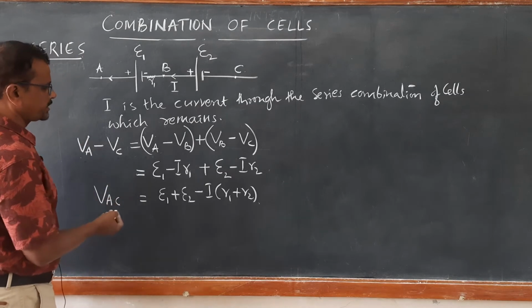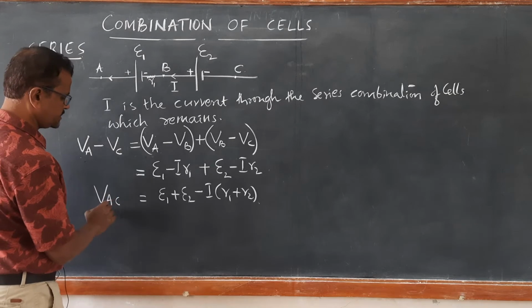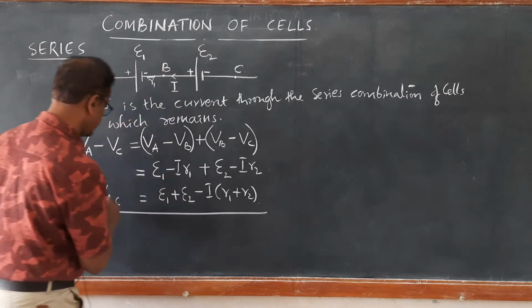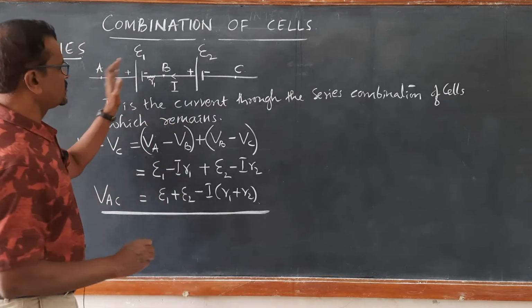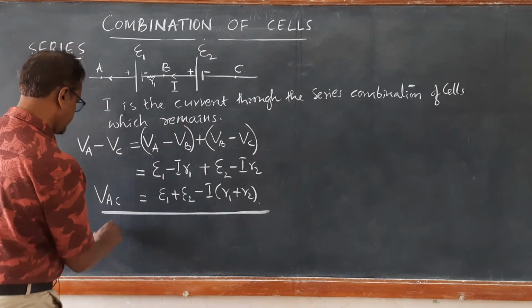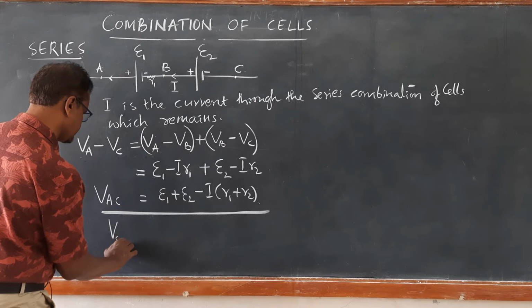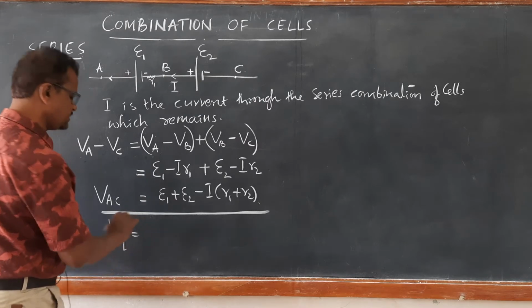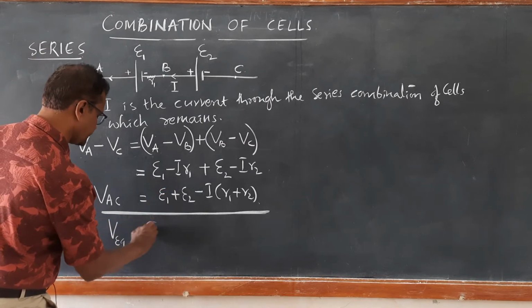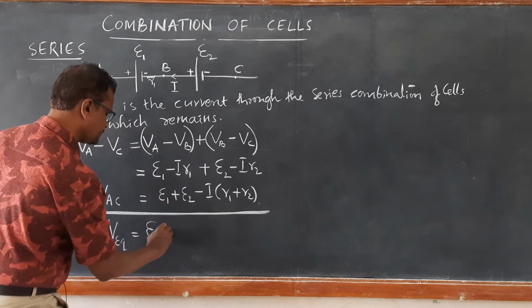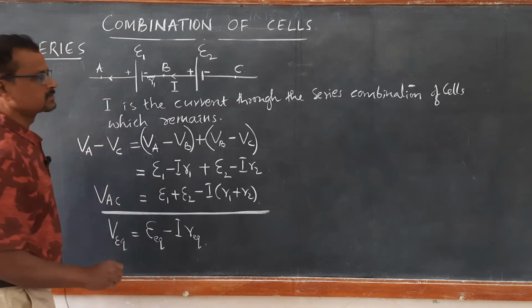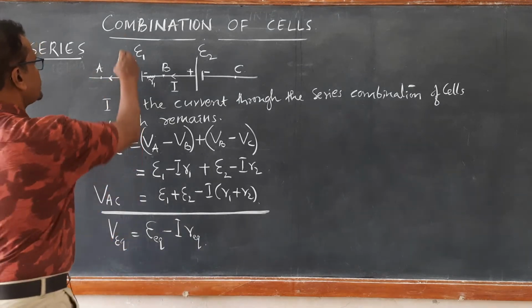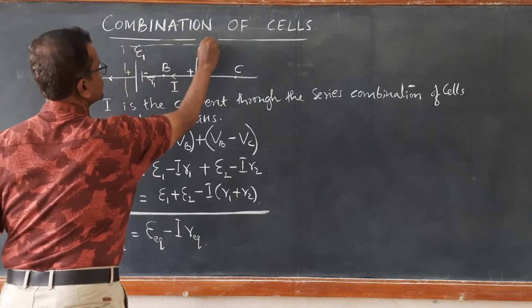So, if you take this VA minus VC as VAC, then this becomes the total terminal potential difference across the series combination. I will write it as V equivalent. V equivalent is equal to E equivalent minus I into R equivalent. Means same combination if you take it as one box.